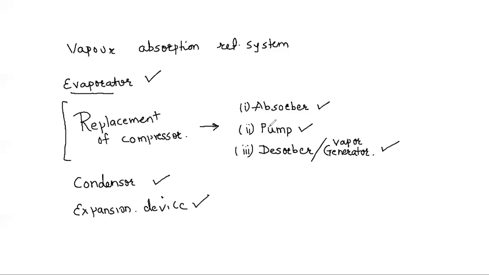These components, in this order, would play a role in giving you the refrigerating effect by executing a thermodynamic cycle. Let us now discuss how this cycle works. I'll now draw a very simple block diagram to help you understand and appreciate this vapor absorption system.